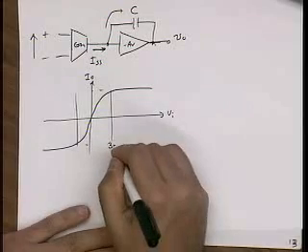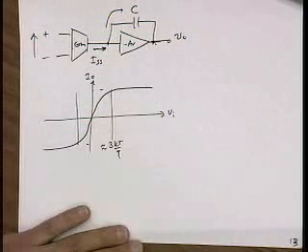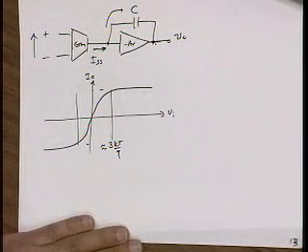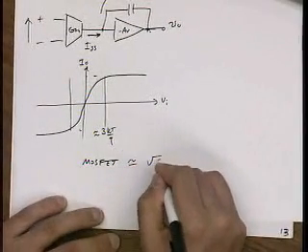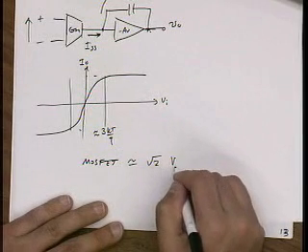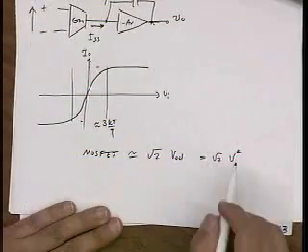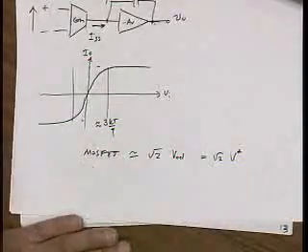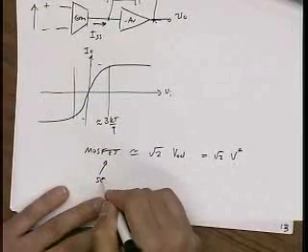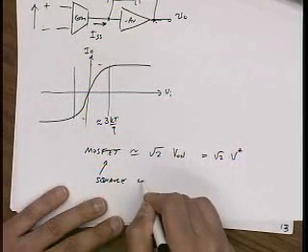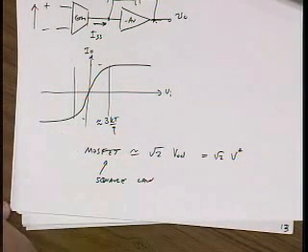And it turns out that if you're roughly 3 kT over Q, you hit this region where the current saturates. For a MOSFET, it's roughly square root of 2 times the overdrive voltage, or V star. Very roughly, because this comes from square law. But if your input is roughly larger than an overdrive voltage, a couple hundred millivolts, you will see slewing.